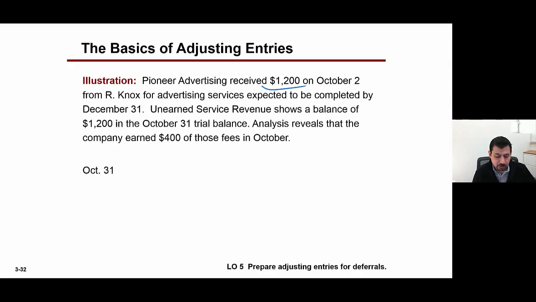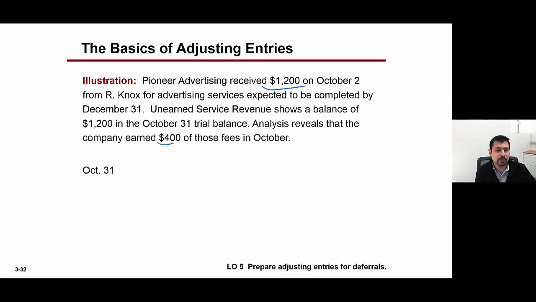By the end of the month, the analysis shows that the company has actually earned $400 of those amounts. So now what happened to the liability? The liability has decreased from $1,200 to $800. Basically, it has decreased by $400.